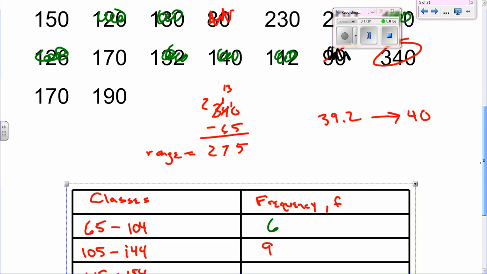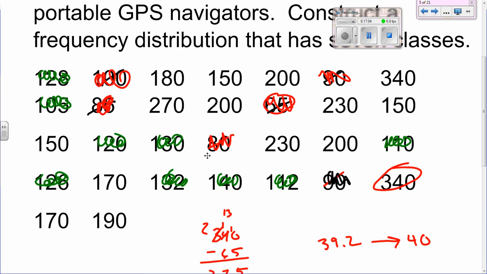In between 145 and 184, 1, 2, 3, 4, 5, 6.